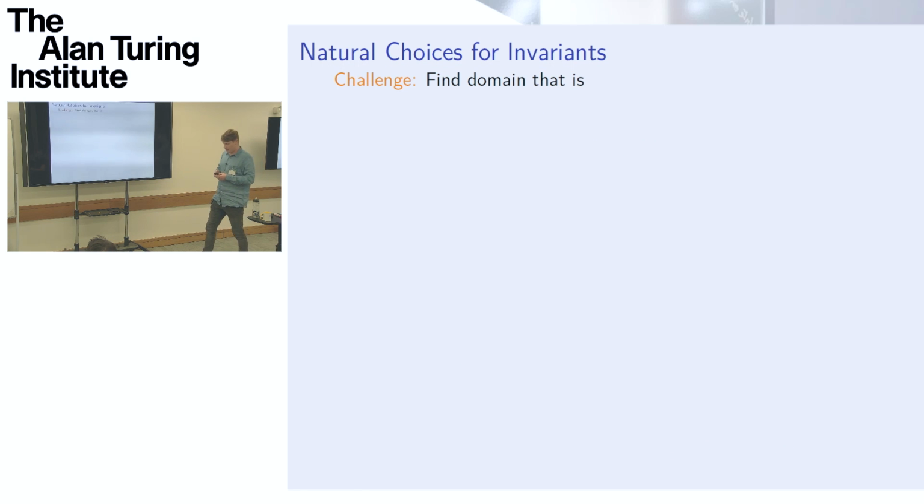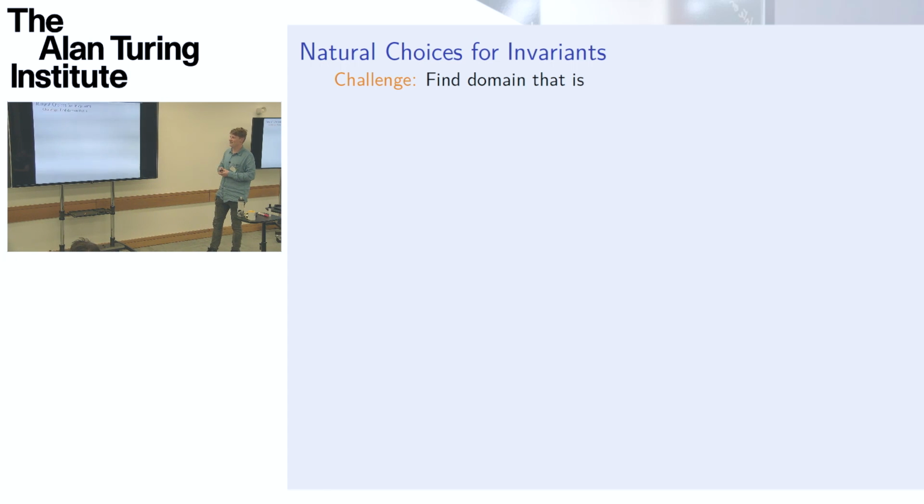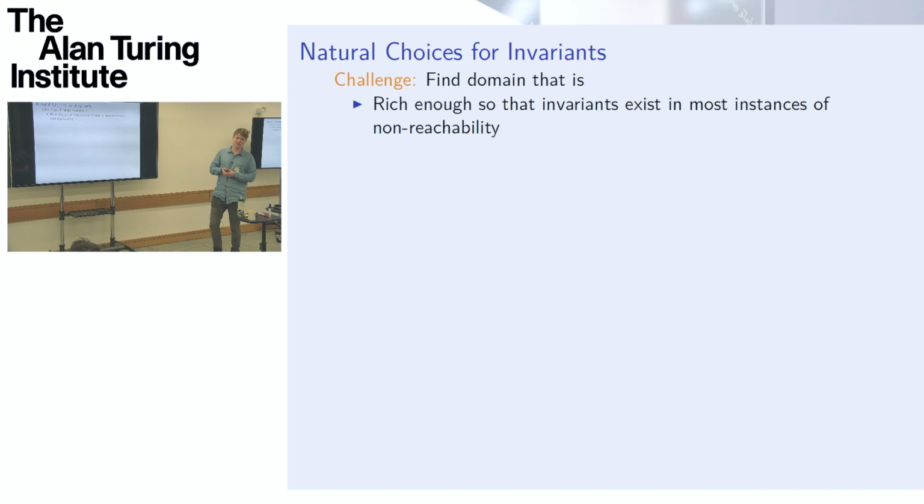Just to motivate, why did I choose semilinear and semialgebraic in my setting? The challenge is that there's always a trade-off. If you have a really simple class, then it's going to be really easy to manipulate. But if it's too simple, then invariants are not going to exist in general.